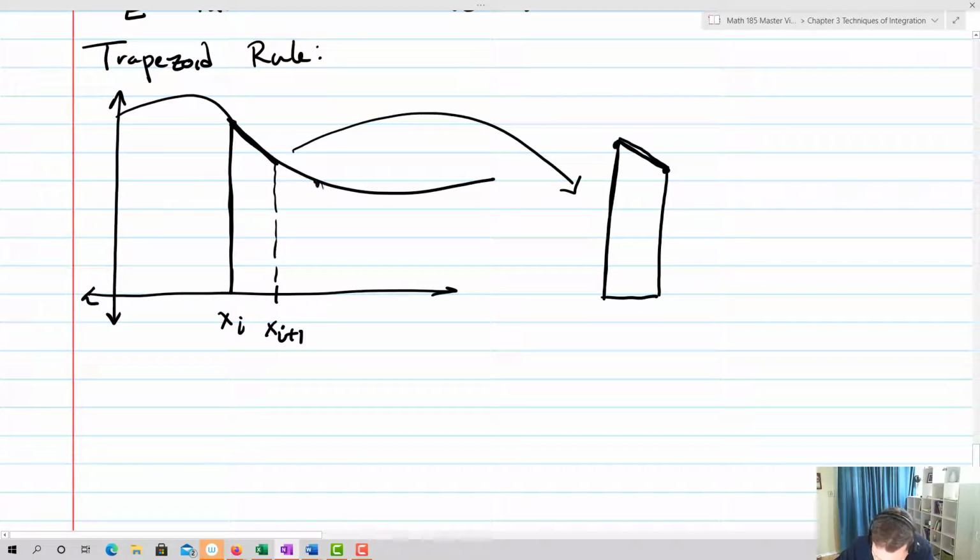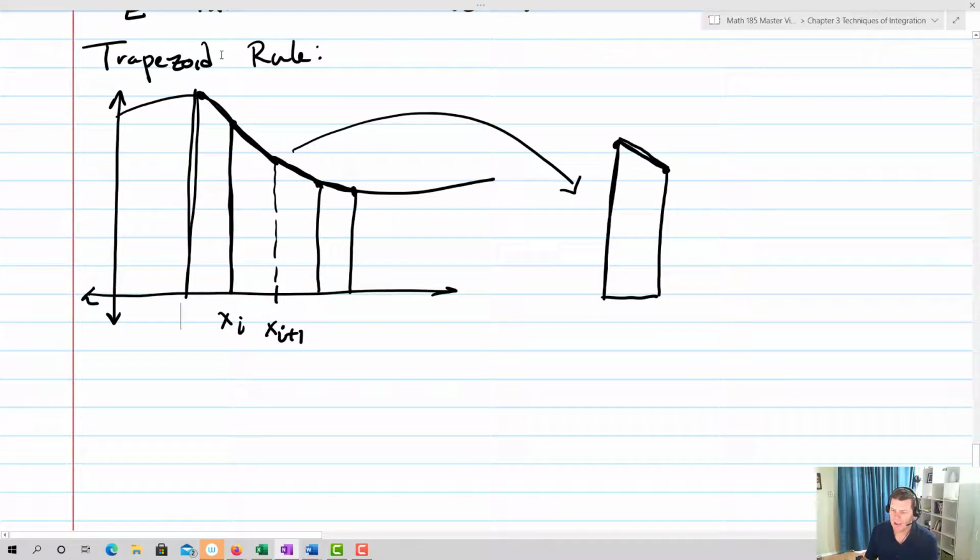And I can do that with each and every one of them. I've got this one here, there's that trapezoid, and then I have another one here. There's another trapezoid, and you can see that they actually end up approximating the curve even better than those midpoints do. So the midpoints end up being better on the whole than the left and the right hand sums, and the trapezoids end up being better than our midpoints.